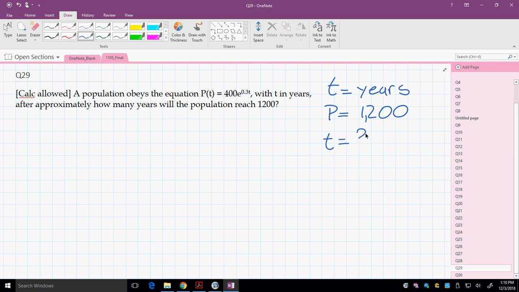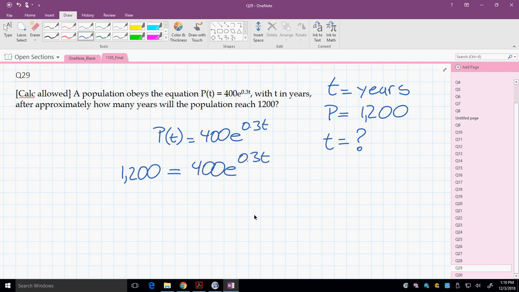So we're really looking for time in years. We're going to rewrite our equation: P of t equals 400e raised to the 0.3t. We substitute the population P by the number given, 1,200, and then we're going to solve for t, which is the time.